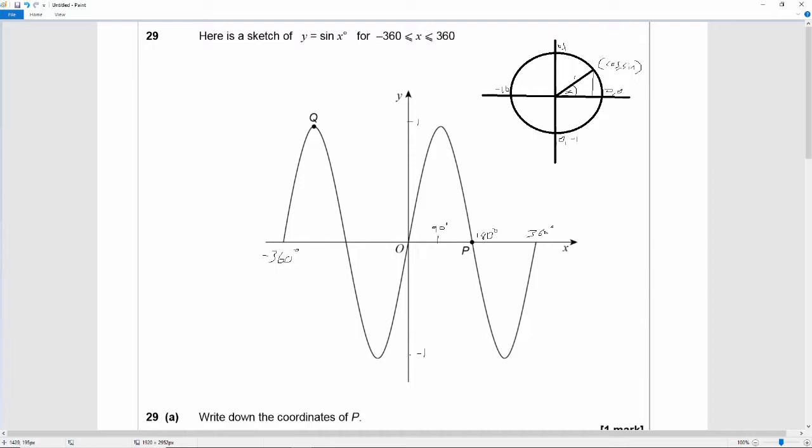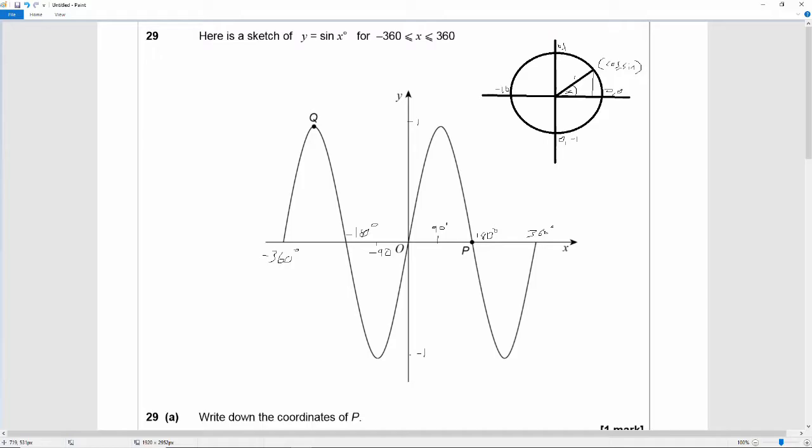But if we're going the opposite way round, so at negative 180 degrees, it's also going to be 0. And if we go in the opposite way round, at negative 90 degrees, the sine is going to be negative 1. So this here is negative 90.